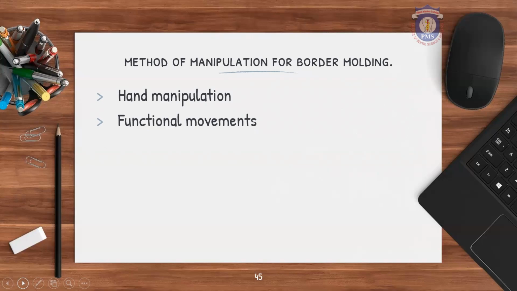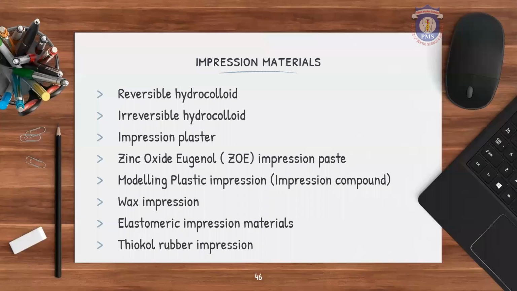Hand manipulation is done by the operator or the dentist. Functional movements are done by the patients according to the instructions given by the dentist. So, based on the method of manipulation for border molding, they can be classified into hand manipulation and functional movements.